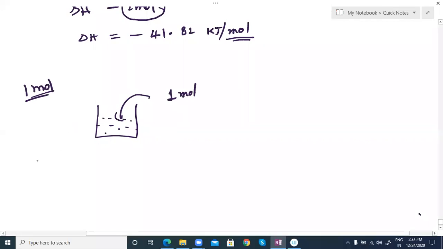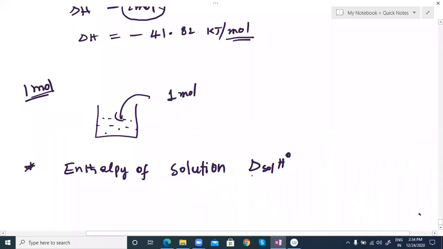I can write here enthalpy of solution. Delta H solution. If I am writing it without any mention, that means standard conditions.